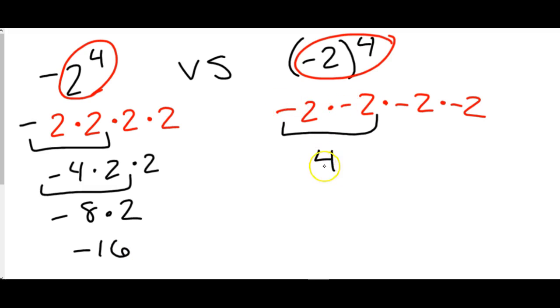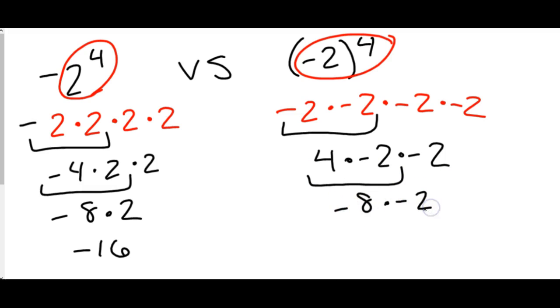A negative times a negative is a positive. 4 times negative 2 is negative 8. And negative 8 times negative 2 is positive 16. So you do have to be careful with your negative signs and your exponents and knowing the difference between having a parenthesis and not. So the second thing in this section is division.